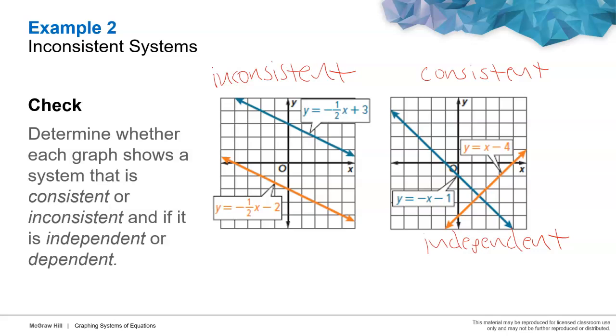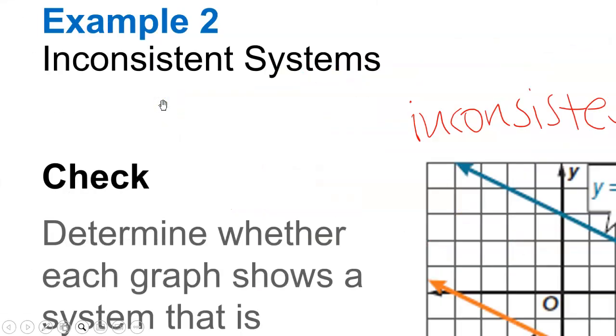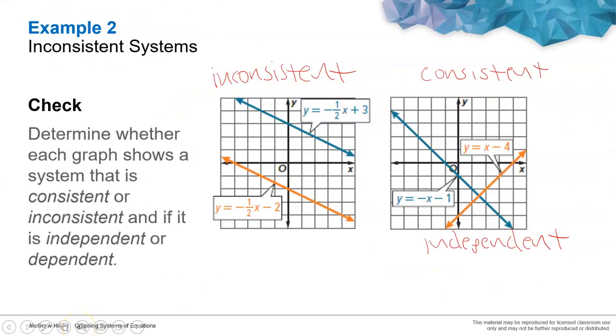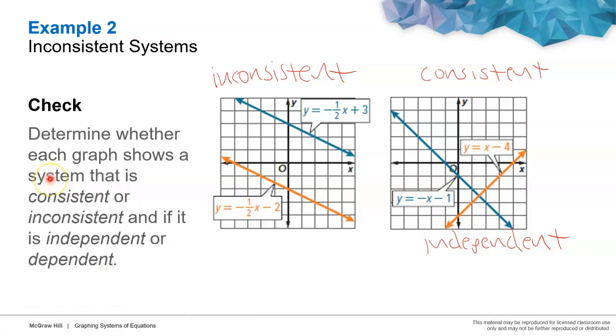Now, you should really be able to tell what's going to happen based off just the equation. So now we're going to try that without seeing the graph of the equation. Look at the ones that happen to be parallel to each other. Remember, parallel lines have the same slope. Well, if I look at this graph, I'll notice that the equations have the same slope. Remember, the slope is the number in front of x.